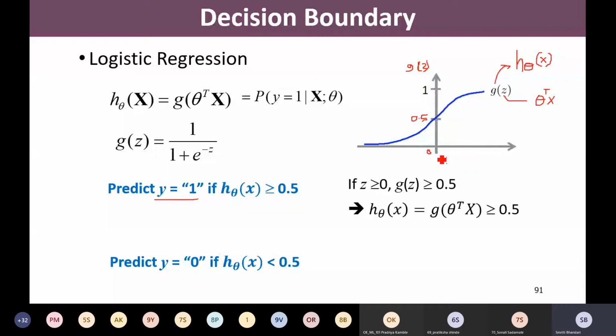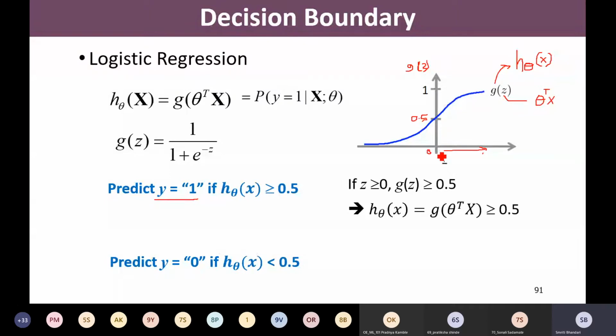Meaning, when I have this h theta x or g of z greater than or equal to 0.5, it is when my z value is greater than or equal to 0. When my z value is greater than or equal to 0, my g of z is going to be greater than or equal to 0.5.